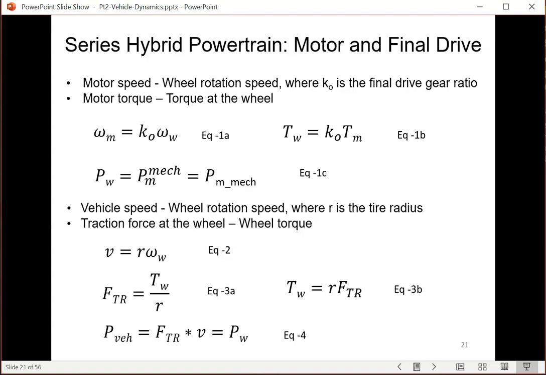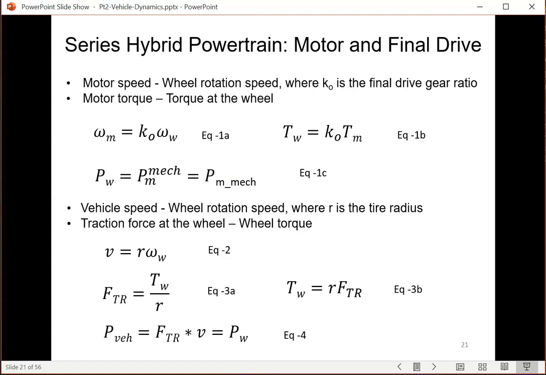The output will be torque and velocity, which is mechanical power. So there's a difference there, but for the time being, we are considering the mechanical power of the motor. That's equation 1c: power of the wheel equals the mechanical power of the motor. So that's between the motor speed and rotational speed.